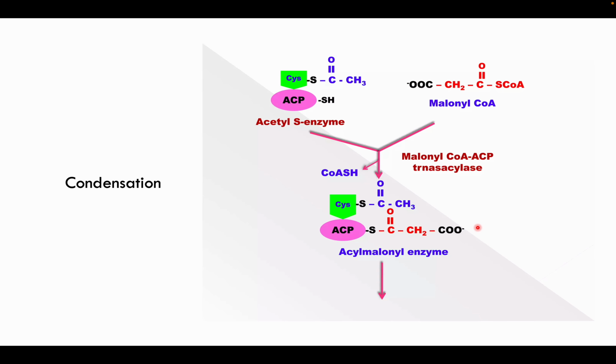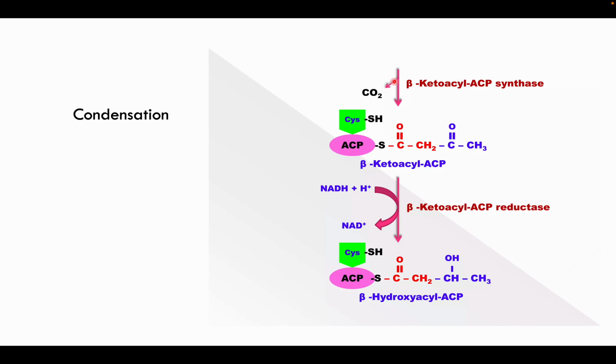So whenever we are doing further reactions, this CO2 is never used. It always gets released. So as you can see here, the CO2 gets released, and what we get is ketoacyl ACP, right? Okay.